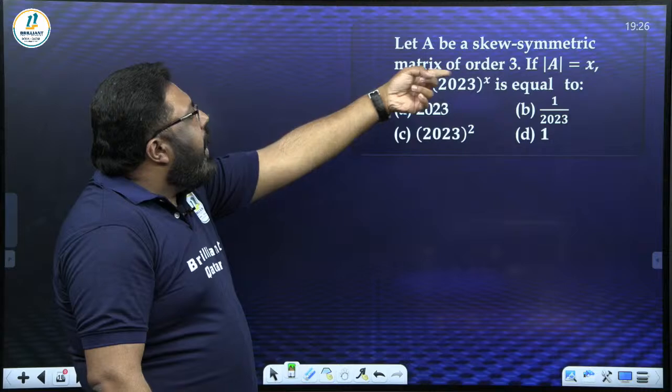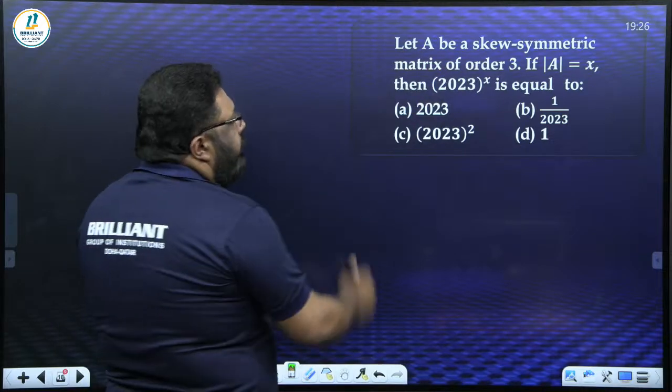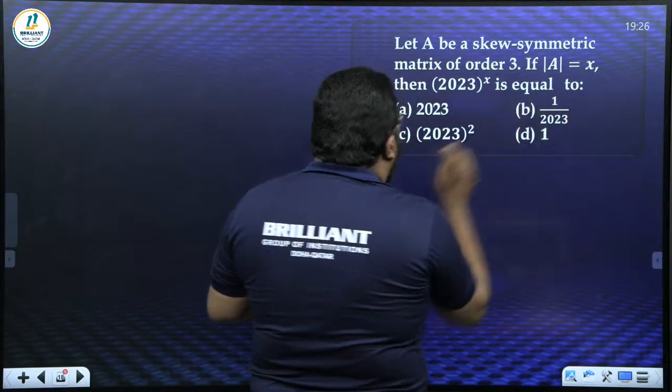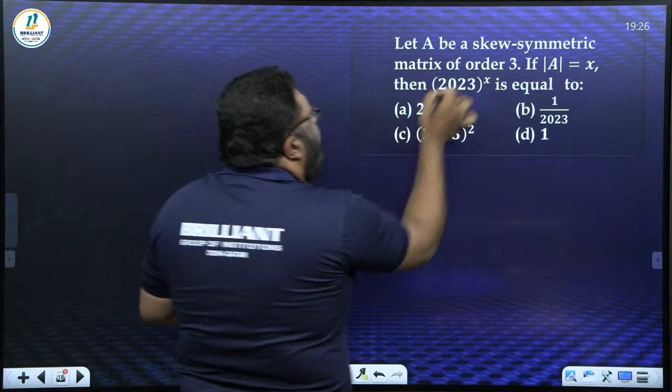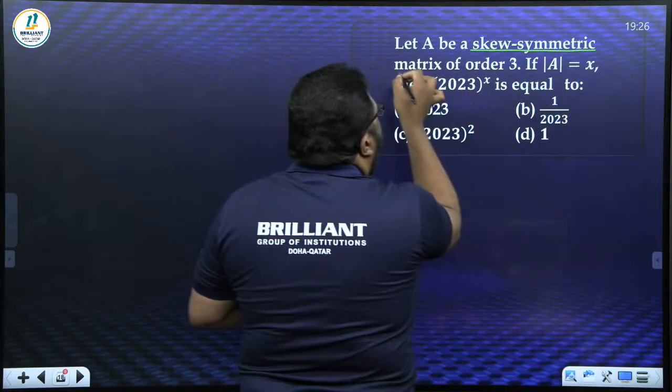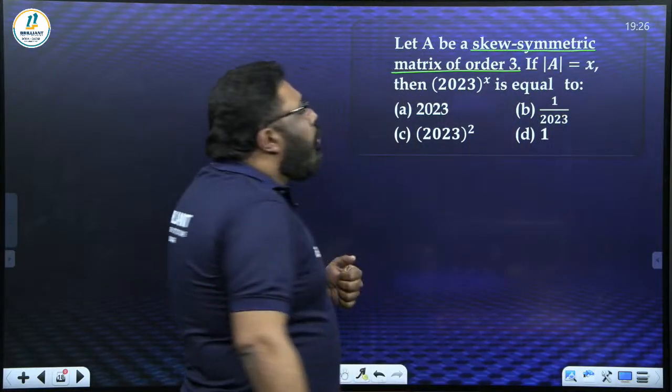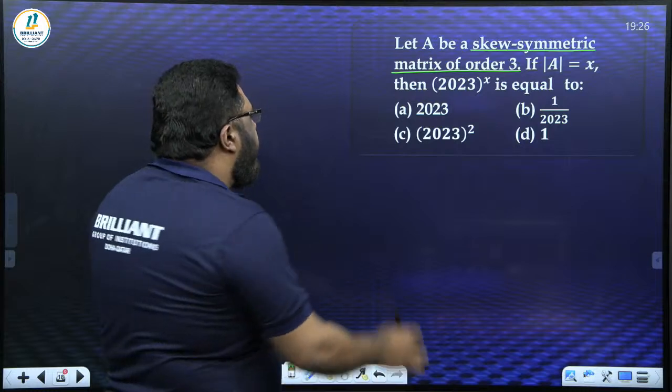If A is a skew symmetric matrix of order 3, then determinant of A is equal to X. Very powerful property coming here. Many of you do not remember this property.